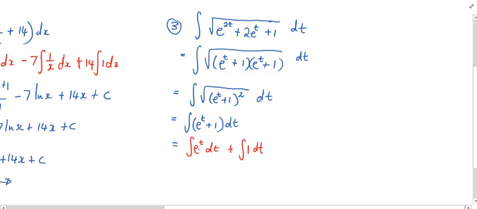Okay, so 1 dt is the same thing as t to the power of 0, and then let's continue. The integral of e to the power of t with respect to t gives us e to the power of t. The integral of a constant 1 with respect to t will give us t plus the constant c.